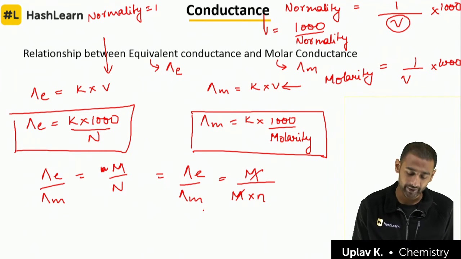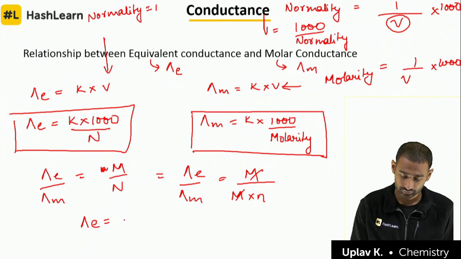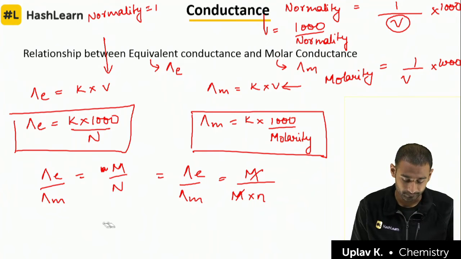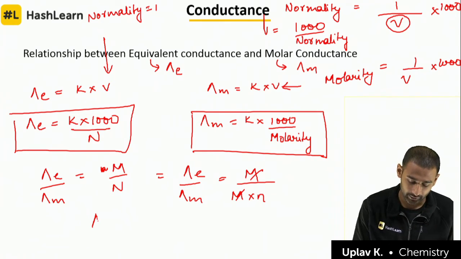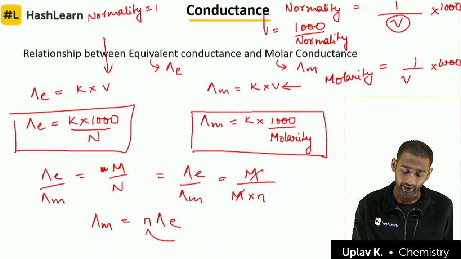So what is the relationship between them? I can write that the molar conductance is equal to N into the equivalent conductance, where N is the number of equivalents.